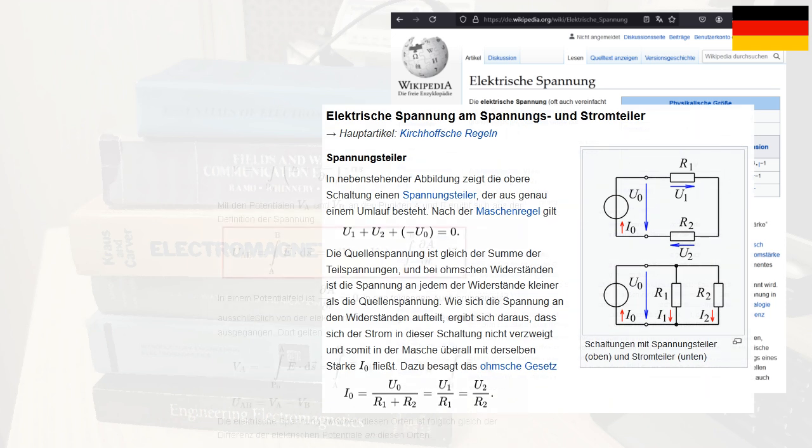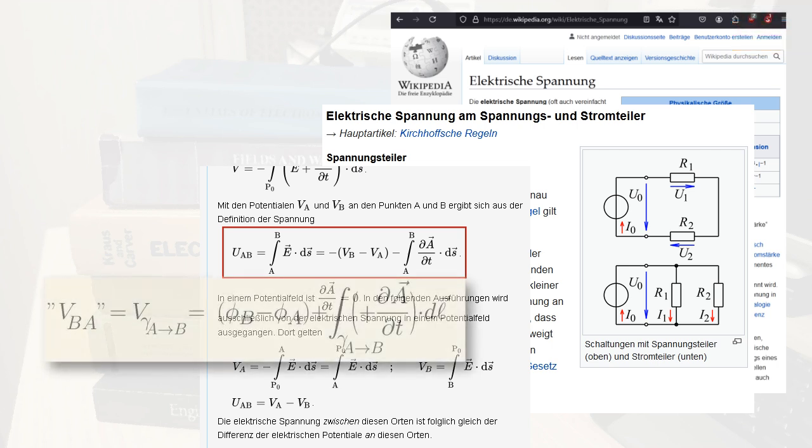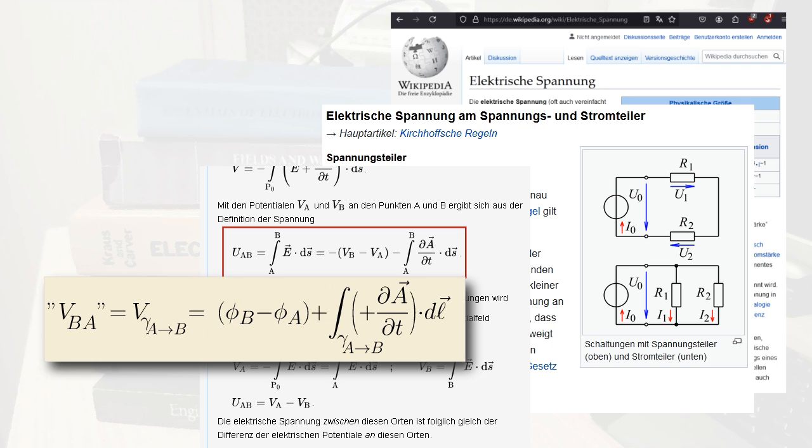Incidentally, the German Wikipedia page carries a definition of voltage that does not leave much room for ambiguities, unlike the wiki pages from other countries. Notice how it shows its decomposition in the difference in scalar potential and the line integral of the time derivative of the vector potential A. This is the same formula I have used in my previous videos, just with the difference that will be explained presently.